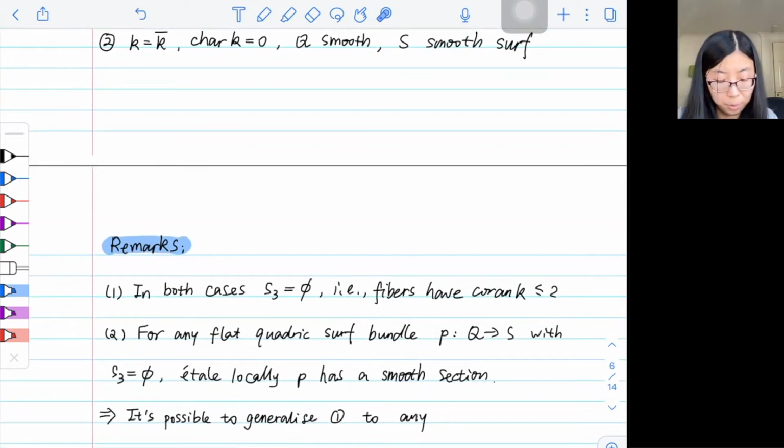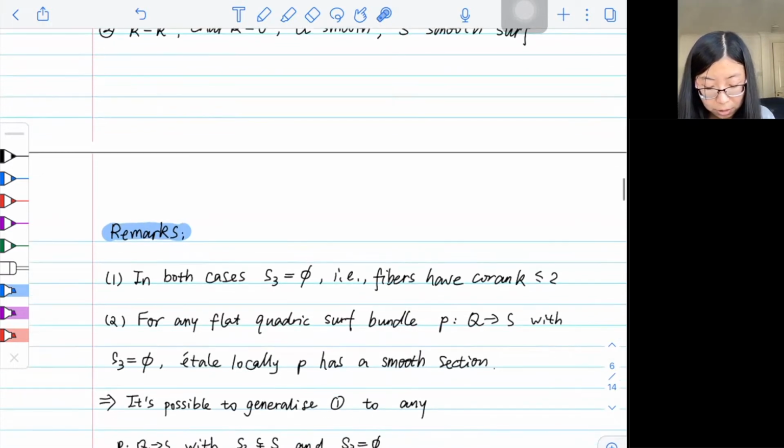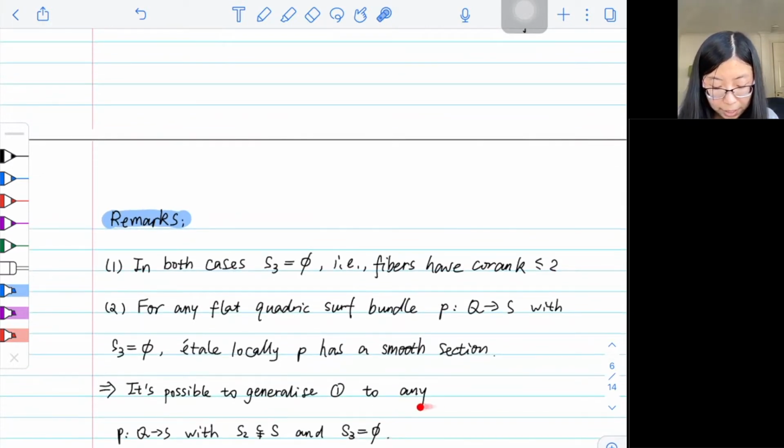So this means that it's possible to generalize the first situation to any flat quadric surface bundle with these two conditions, as I proposed in the expectation.